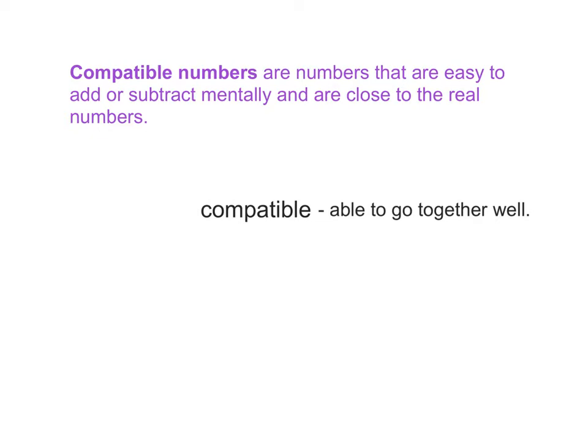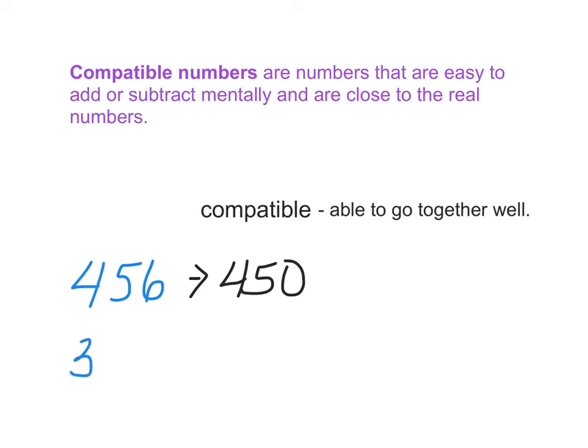So for example, if we look at the number 456, the number 450 is compatible to 456. If we look at the number 389, the number 400 would be compatible with 389.